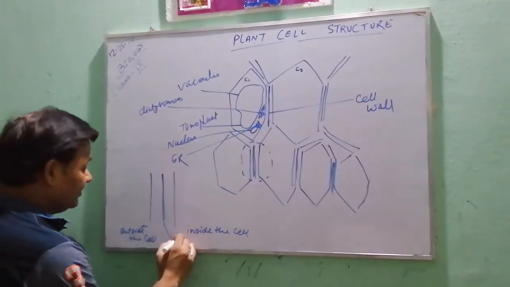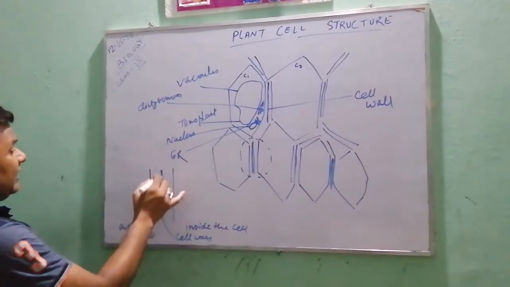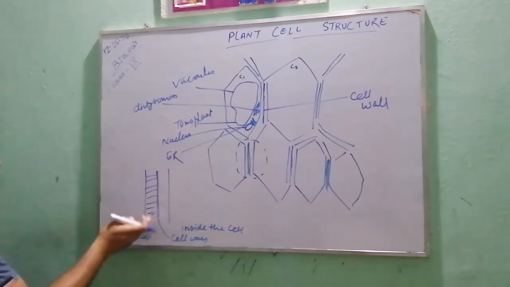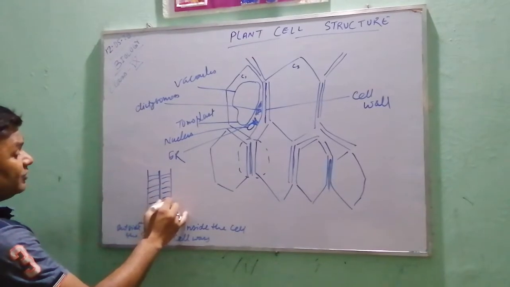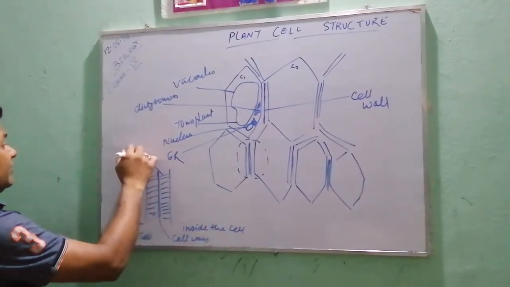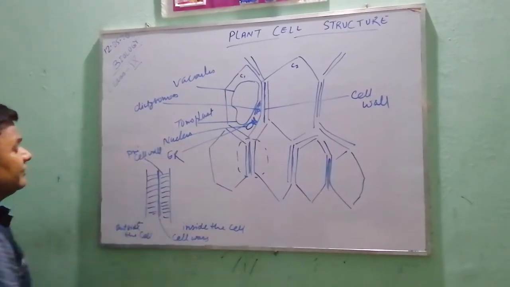This we call the cell wall. The cell wall has the primary cell wall. This is called the primary cell wall for the outside of the cell, and this one is also the primary cell wall for the inside of the cell.